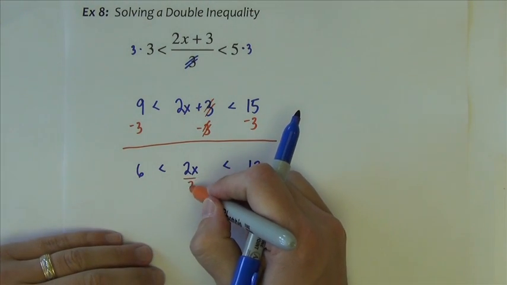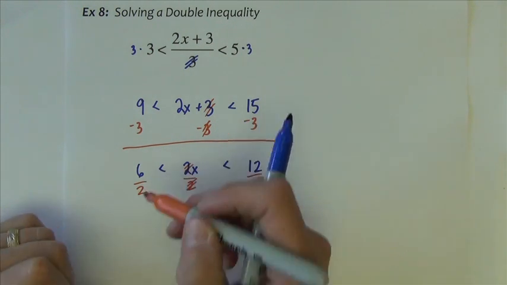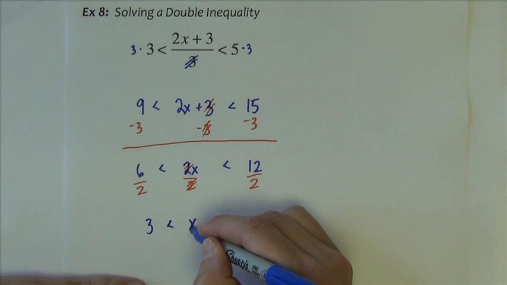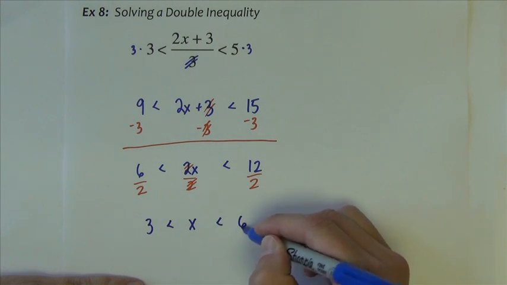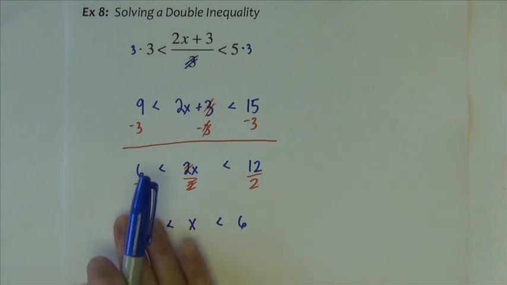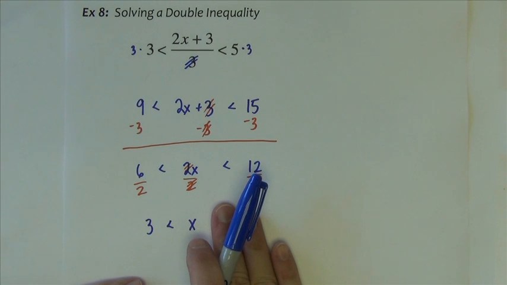I'm going to divide by 2. It's going to give me on the left side 3 is less than x, which is less than 6. Okay, so if I were shading on a number line, I would be shading all the values x between 3 and 6 because I want everything that's smaller than 6 and bigger than 3.